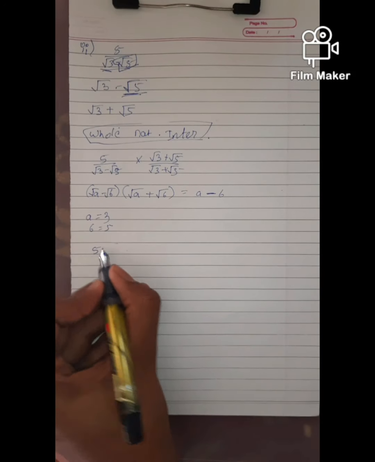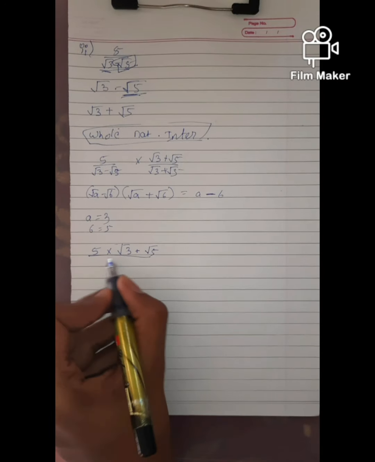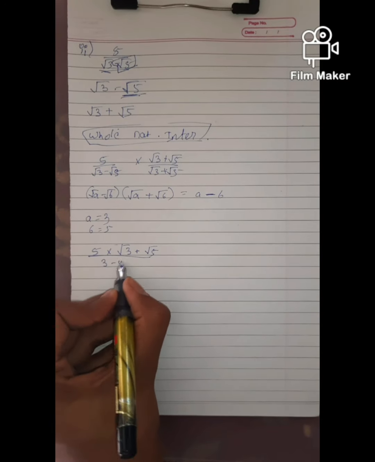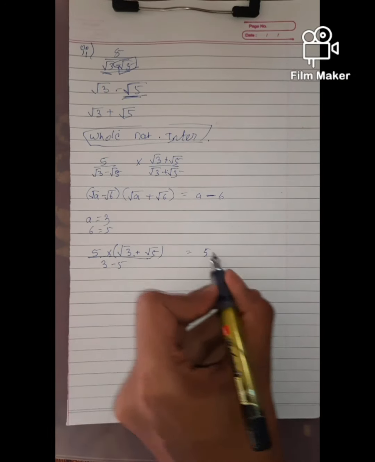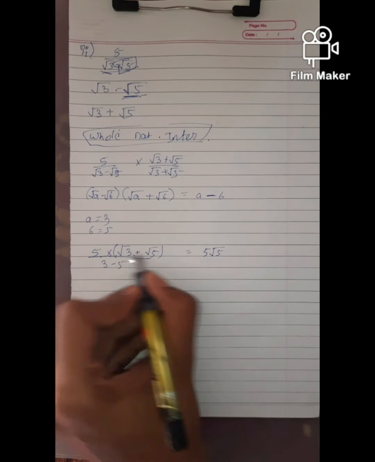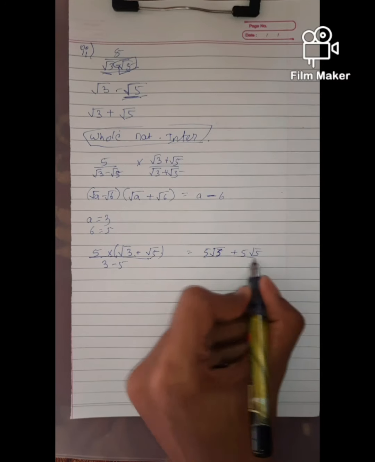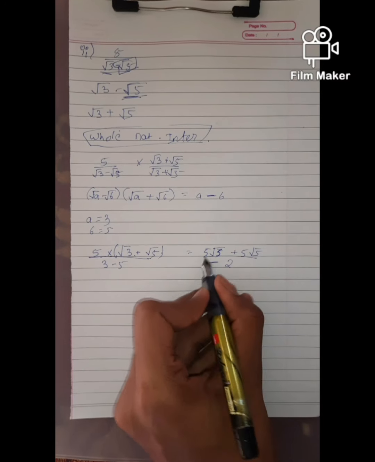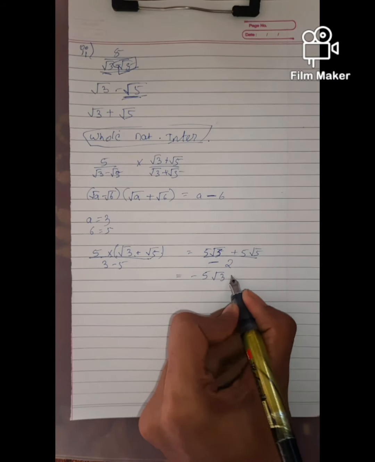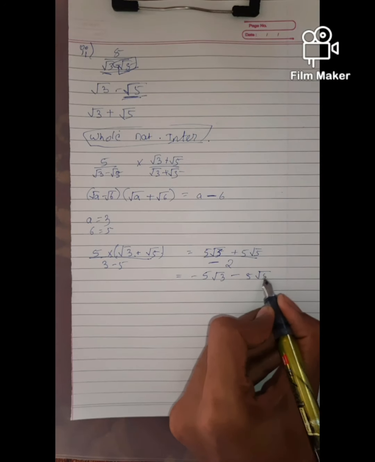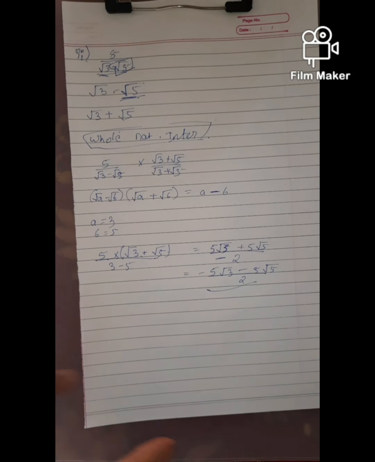So from here what we see is 5 into under root 3 plus under root 5 divided by 3 minus 5, which will be equal to, so we multiply 5 to under root 3, which will be 5 root 3, plus 5 into root 5 will be 5 root 5. 5 under root 5 divided by 3 minus 5 is minus 2, and the minus sign will go to the numerator, and this will be minus of 5 root 3 plus 5 root 5 divided by 2. So this is what we get when we rationalize the numbers. So this is how we rationalize the numbers.